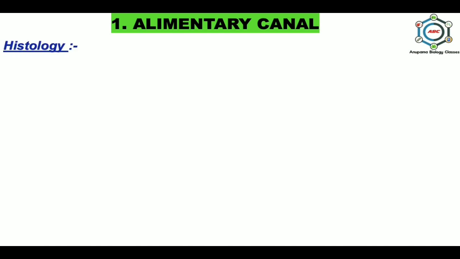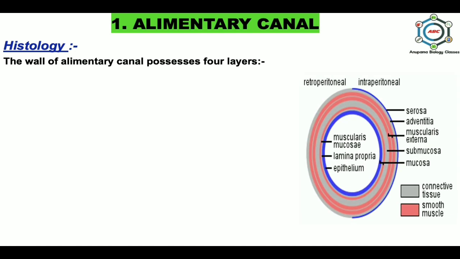Histology. What is histology? Histology is the microscopic study of the structure of tissues. Now, the wall of alimentary canal is made up of four layers. Now, you can see the picture. In this picture, you can see the four layers of the alimentary canal.